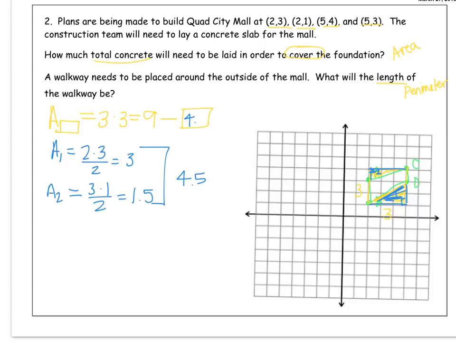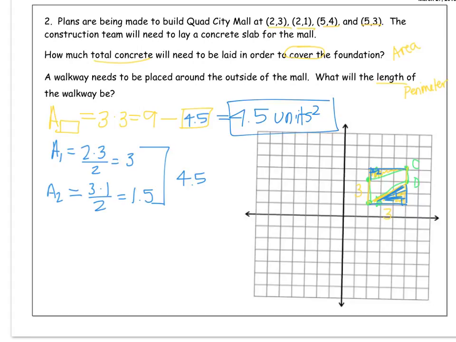So the 9 units that is this whole rectangle minus 4.5 units that make up the pieces that aren't part of that slab gives me an area of 4.5. And it is area, so it's units squared. So the total concrete will need to be 4.5 units of concrete.